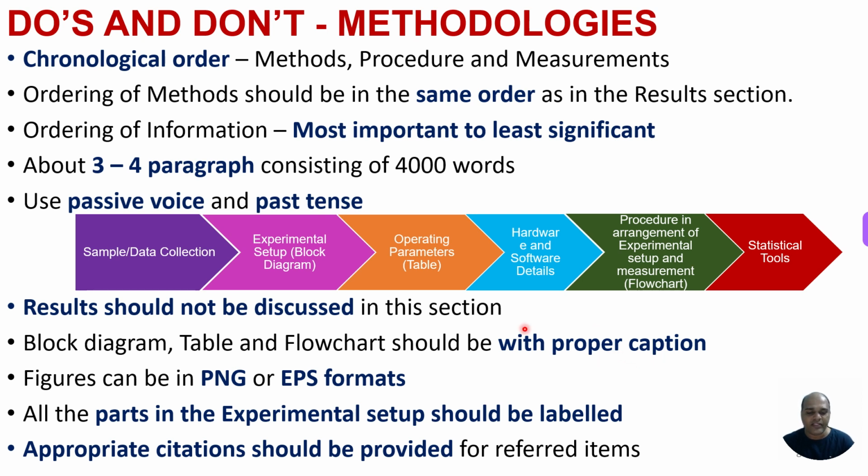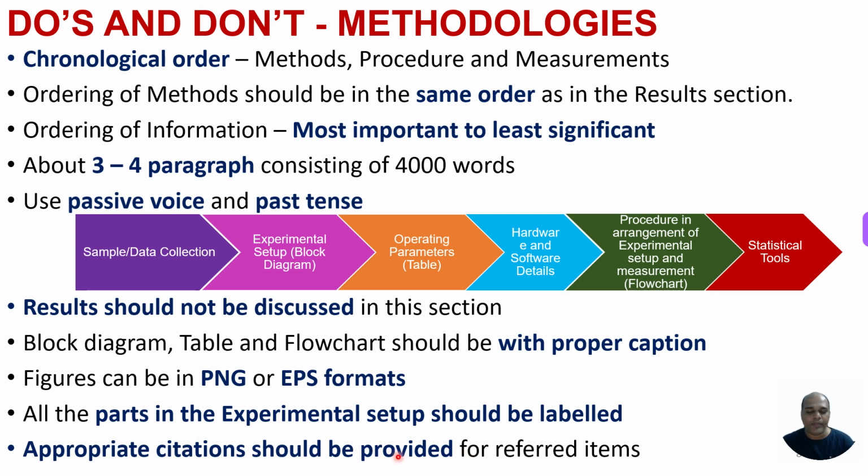The preferred images should be in PNG or EPS formats. All the parts in the experimental setup should be labeled. That is very important. Even though we give the experimental setup photo, each component, each part in the experimental setup should be labeled. And if possible, some important specification can also be given for each component in the experimental setup.